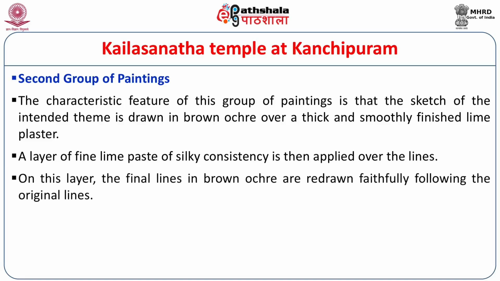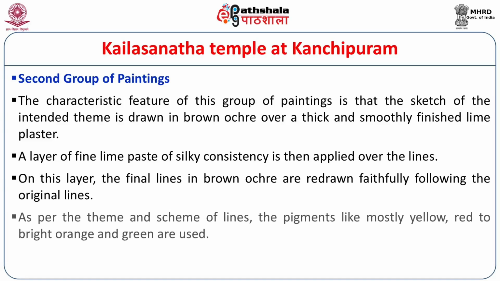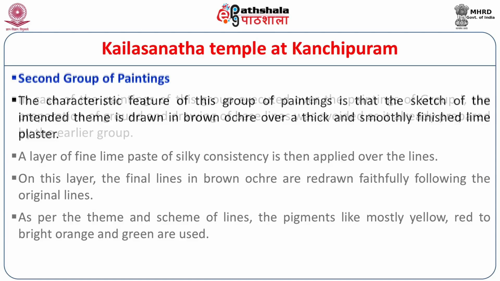On this layer, the final lines in brown ochre are redrawn faithfully following the original lines. As per the theme and the scheme of lines, pigments like mostly yellow, red to bright orange and green are used.